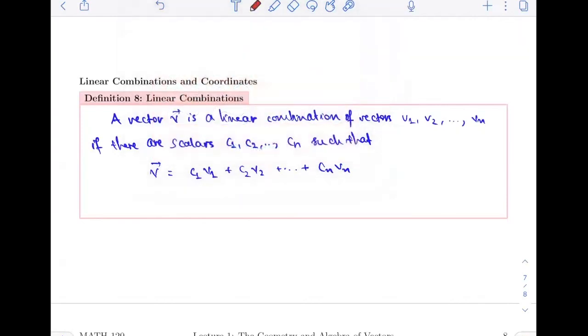And c1, c2, c3, and so forth, are called the coefficients of the linear combination.